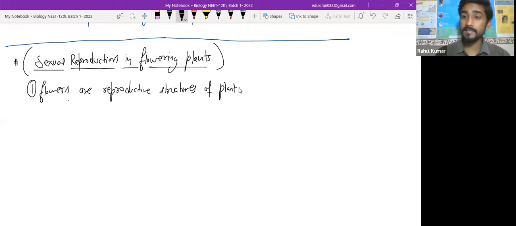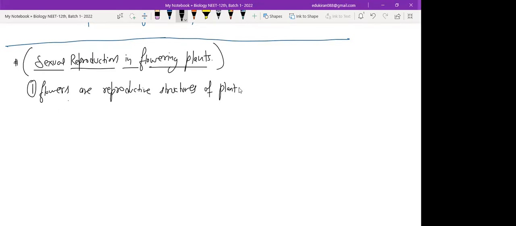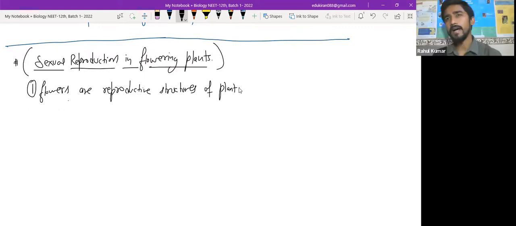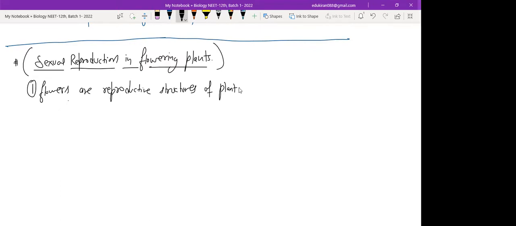You will see flowers towards the end of the plant so that it can easily be accessible by birds, insects, honeybees, etc. Because flowers are a way for plants, because plants cannot move, correct? And if plants cannot move, then how are they going to do the exchange of gametes? With the help of pollinators.